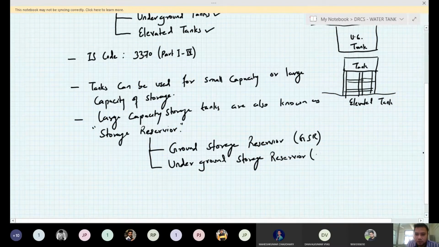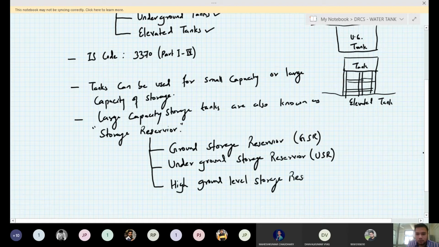Underground storage reservoir, USR, and we can have high ground level storage reservoir. They are called high ground level reservoir.